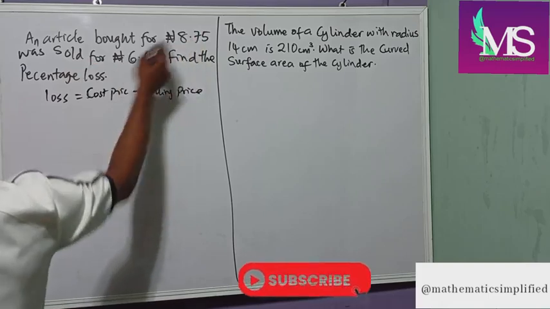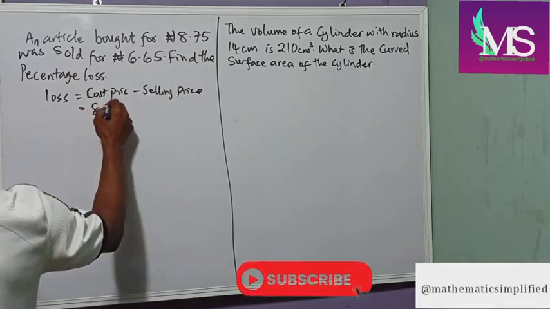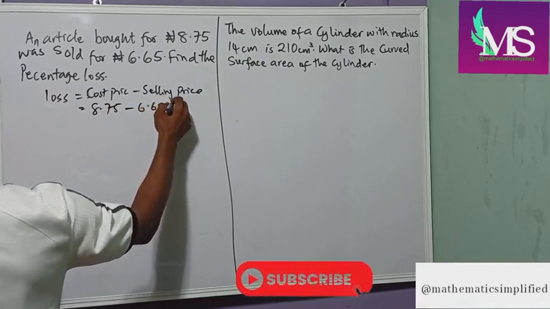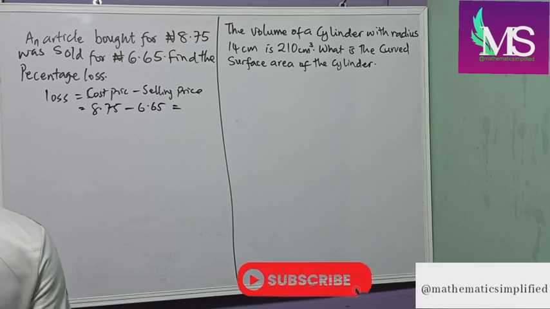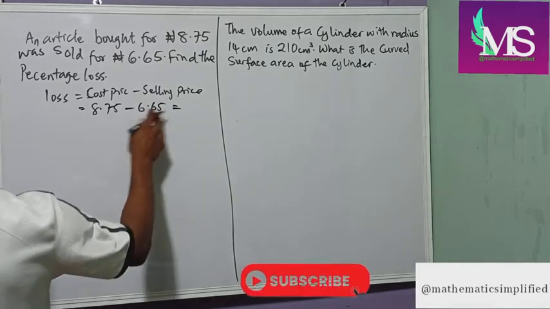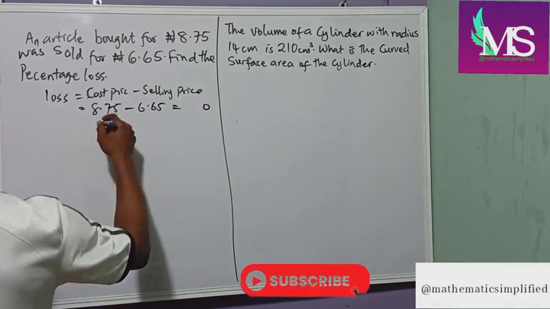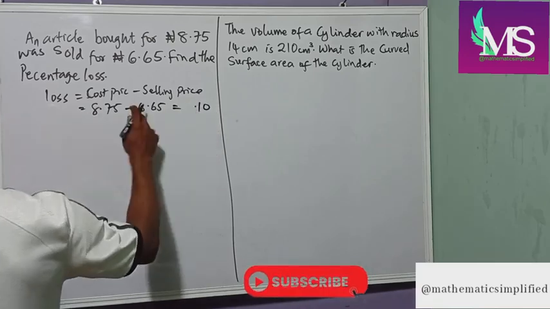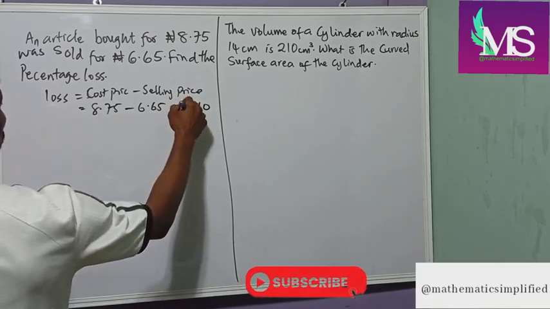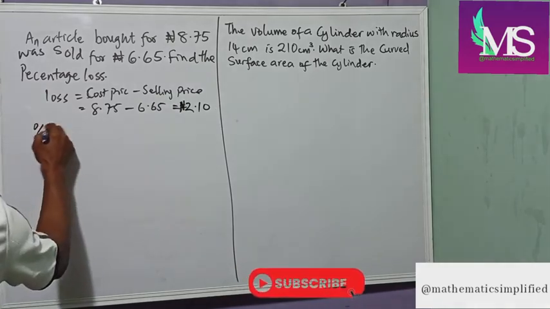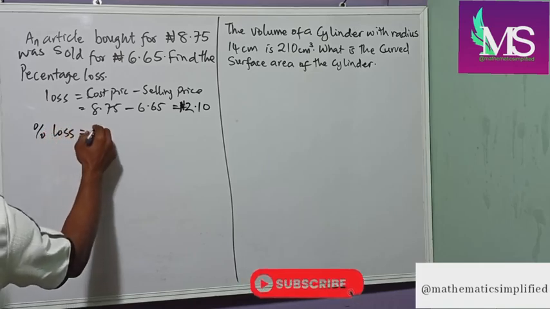Now in this, our cost price is 8.75 minus selling price 6.65. So our loss will become 2 naira 10 kobo.